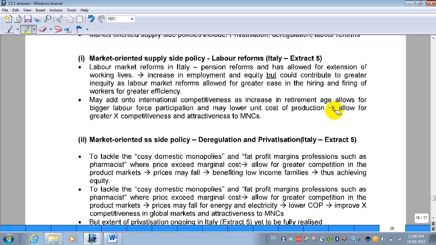Next, we also talk about if there's an increase in the retirement age, for example, it would mean that the quantity of labor in Italy increases, the supply of labor increases, and the wage rate for labor may fall. Okay, and because of that, the COP falls, exports may become more competitive.